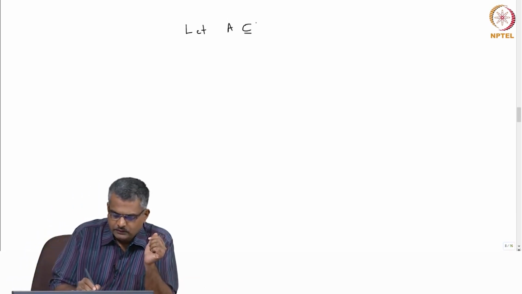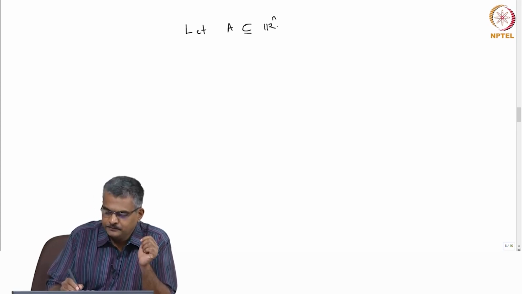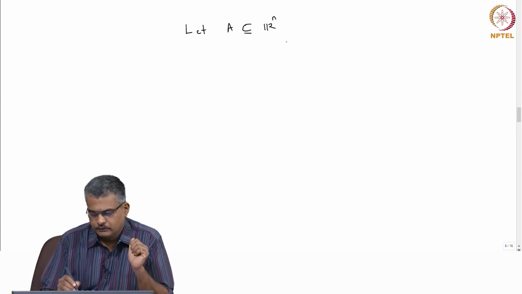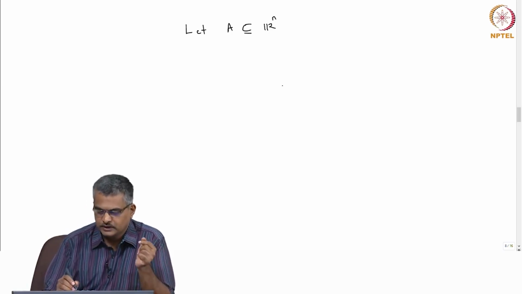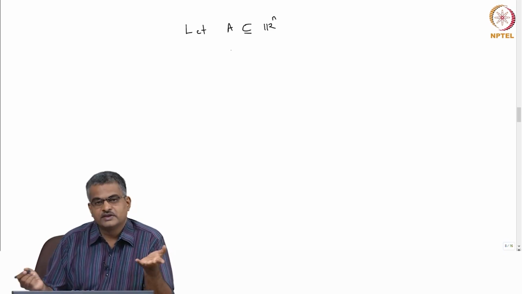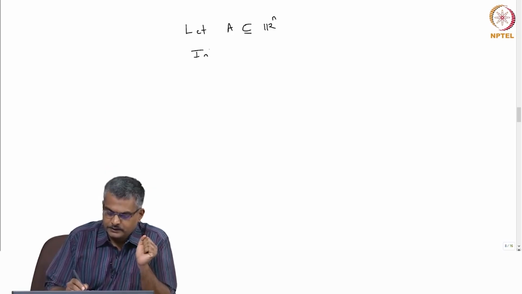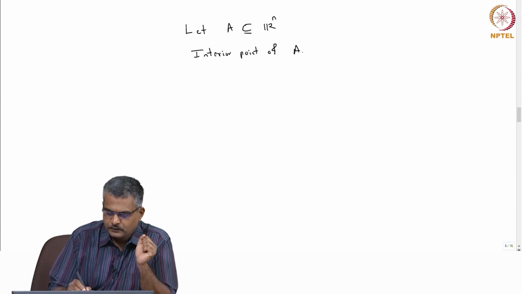We have a set, let A be a subset of Rn. For simplicity, when I am drawing pictures, either n is 1 or 2, but the definitions hold for any dimensional space. Now, I want to define the notion of interior point of A.